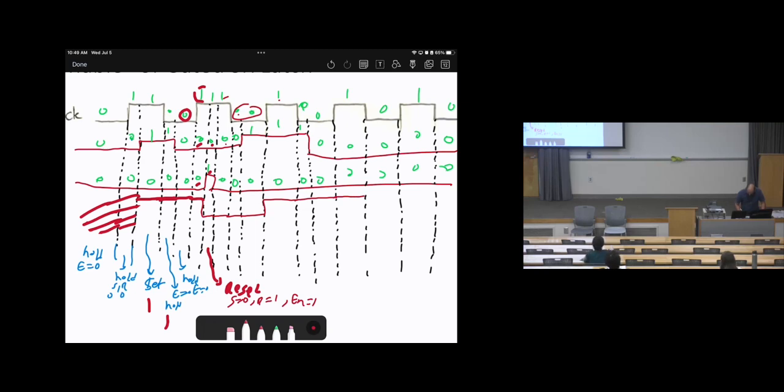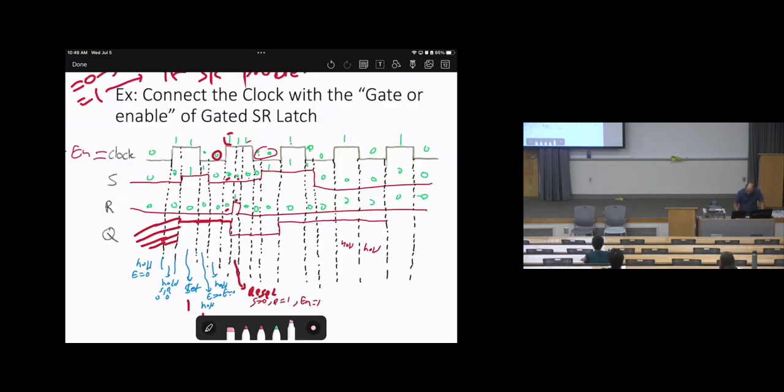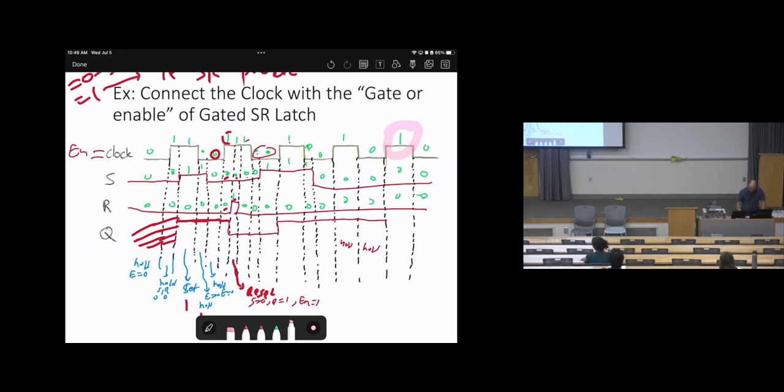Now, the enable button is 0. This means hold. So here is hold, here is hold. It will hold. Then here, the enable button is on. Therefore, here is 0, 0. Then it will be another hold.